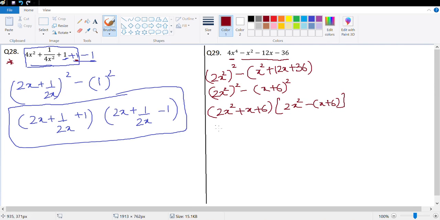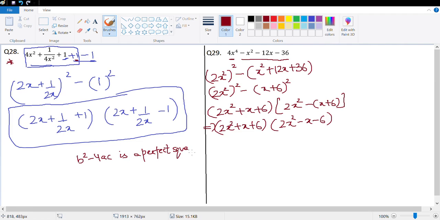Let's open the bracket. 2x square plus x plus 6 multiplied with 2x square minus x minus 6. Let's see if I can factorize the quadratic expressions. So if a quadratic expression is factorizable, then b square minus 4ac is a perfect square. I hope you remember this from the previous exercise.